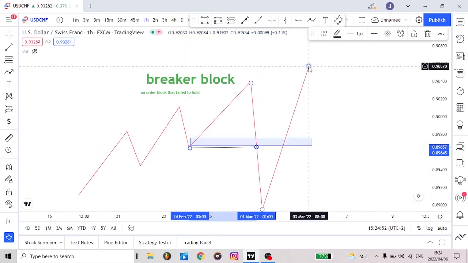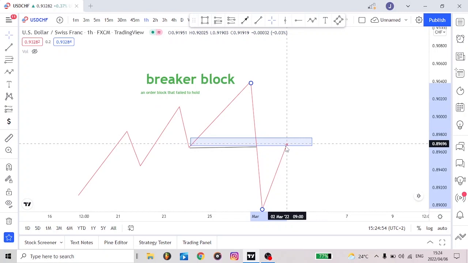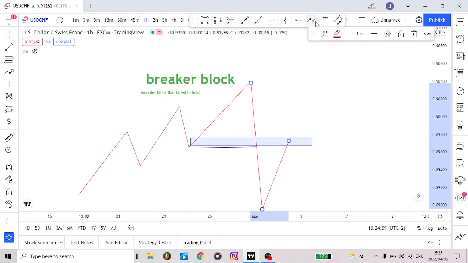So we would expect the market to come back somewhere to this order block, and when it's violated, a breaker block is simply an order block that was violated. So we're saying if it failed to hold on the upward move, we expect it to hold on the downward move. We had a change of character and then we violated our previous order block, and since we violated our previous order block, we expect what?